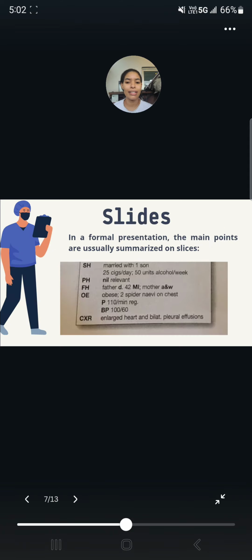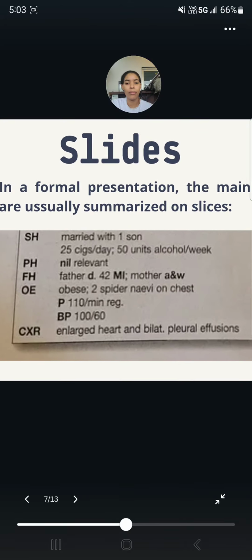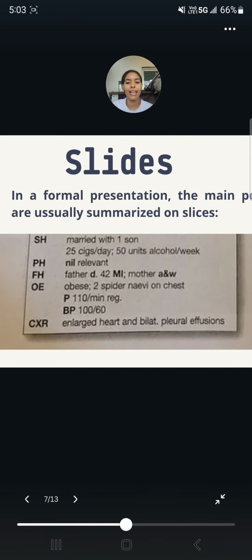Let's see now the slides. What are slides here? It is a formal presentation where the main points are usually summarized on slides. For example, right here we have SH: married with 1 son, 25 cigarettes per day, 50 units of alcohol per week. We have the PH: nil relevant.